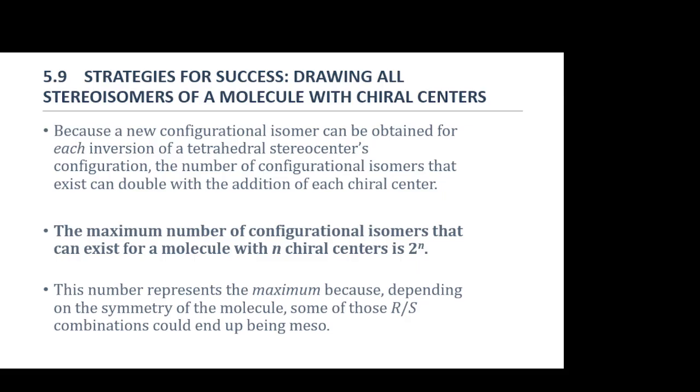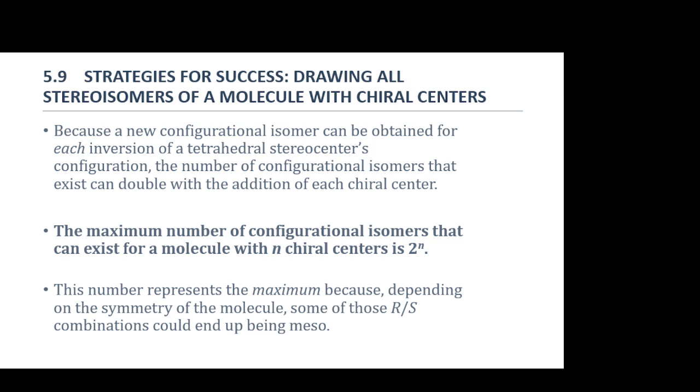Okay, so let's talk about some different strategies for success, drawing stereoisomers of a molecule with chiral centers. So remember, a new configurational isomer can be obtained for each inversion of a tetrahedral stereocenter's configuration. The number of configurational isomers that can exist is going to double with the addition of each chiral center, because you could go through and invert each single one, right?